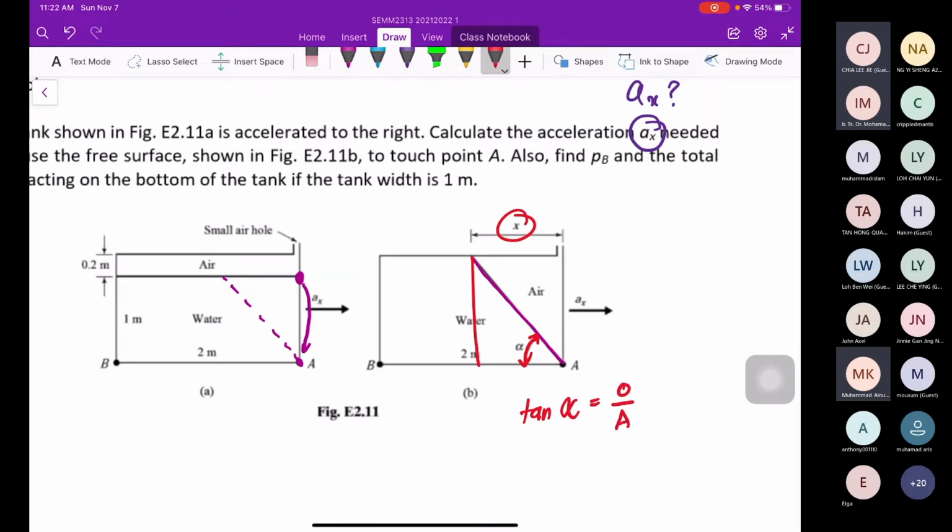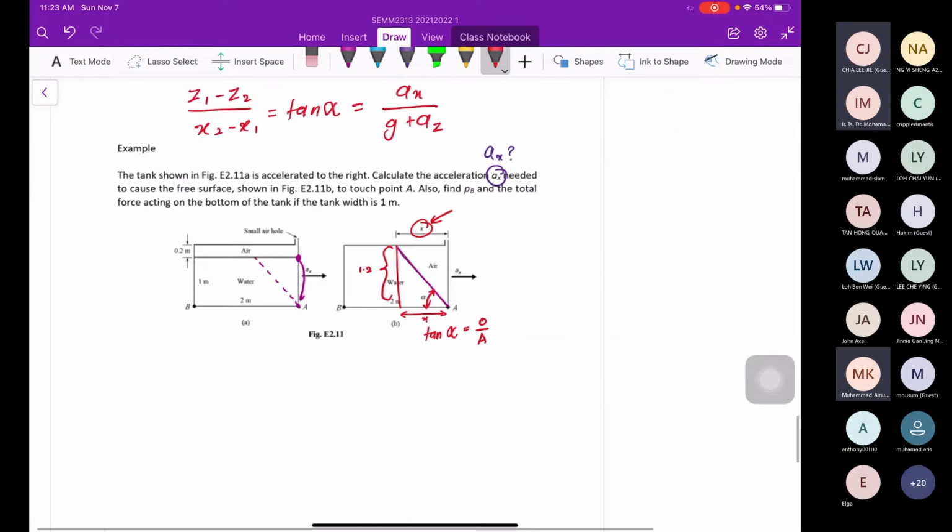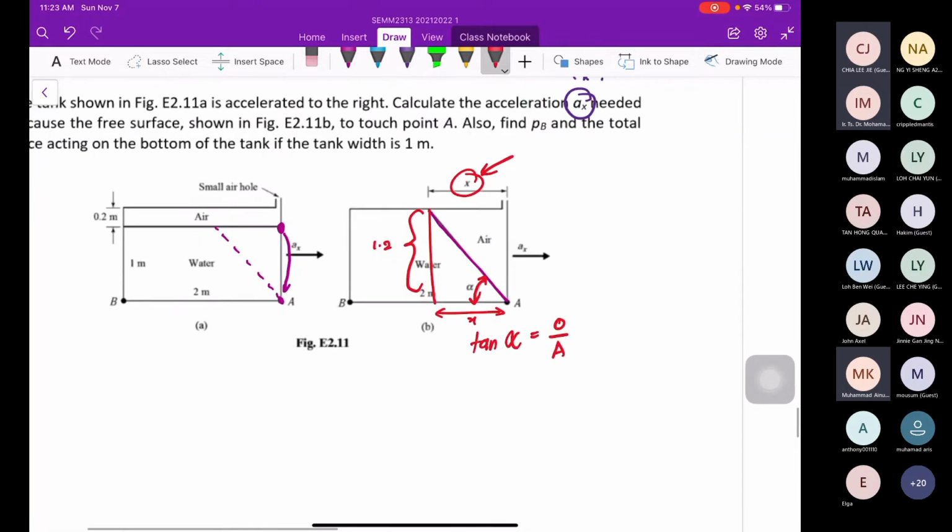We already know this distance, which is 1 meter plus 0.2, which is 1.2 meter. How about this distance, which is x? We need to find x first in order to get tangent alpha. So opposite is 1.2, adjacent here is x.